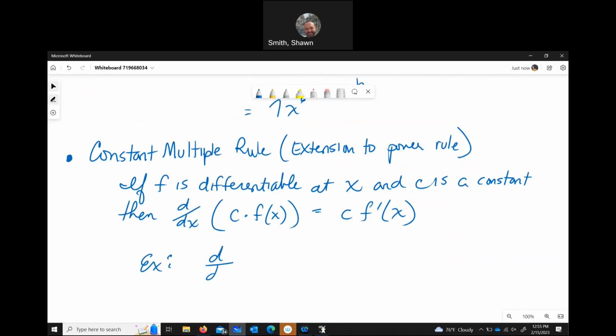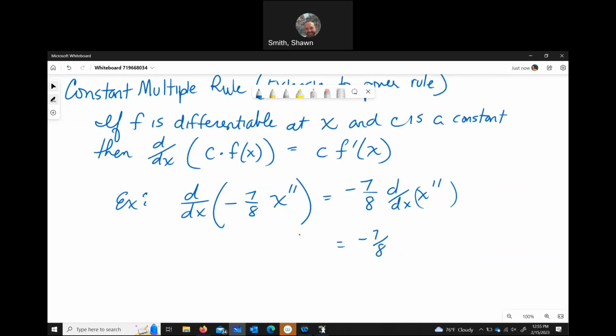If I say find the derivative of negative 7/8 x to the 11th, this is negative 7/8 times the derivative of x to the 11th. Now, again, you don't have to go through all these steps. This is just really showing step by step how this rule works.